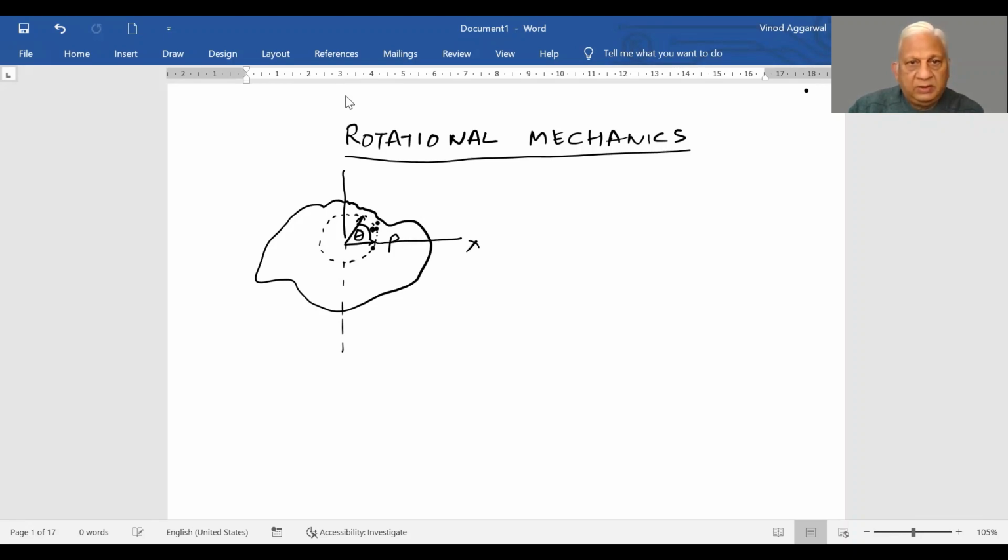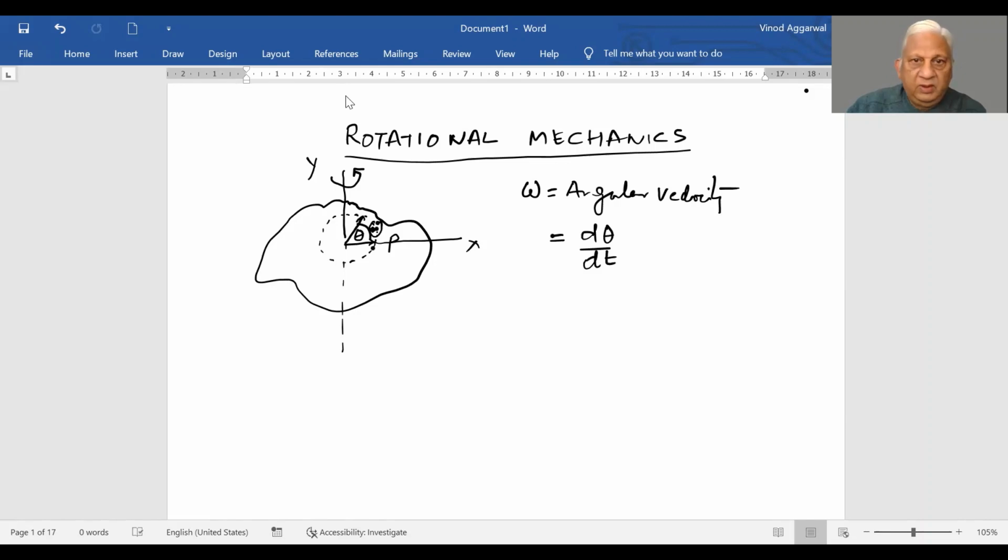This was, let us say, x-axis. This was y-axis. Then we know that, let's say it is rotating about this axis, then omega, which is the angular velocity with which this particle P is rotating in the circular path, is defined as the rate of change of theta that it travels.